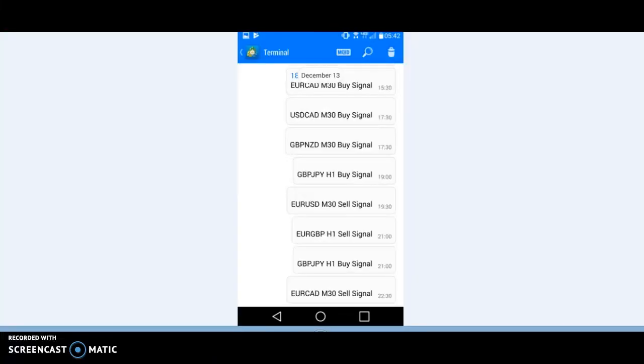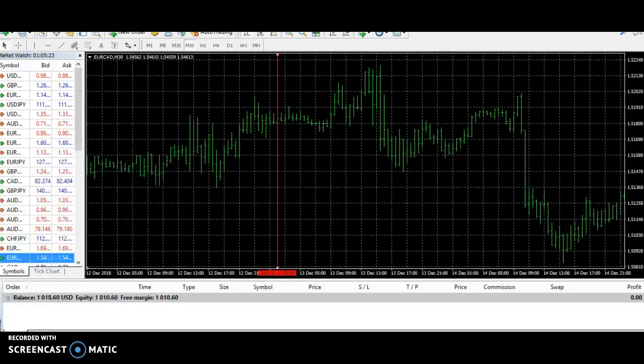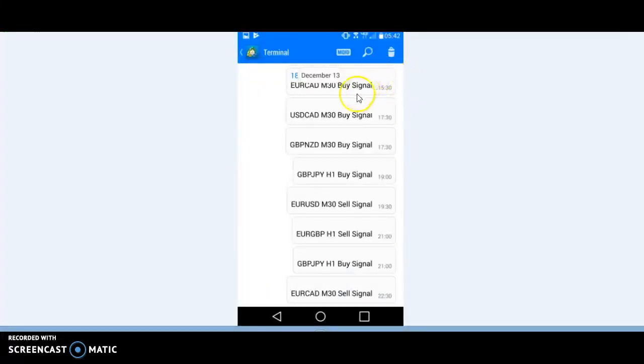And also that is on a 30-minute chart at 1530. Here we go. And this is a buy signal.